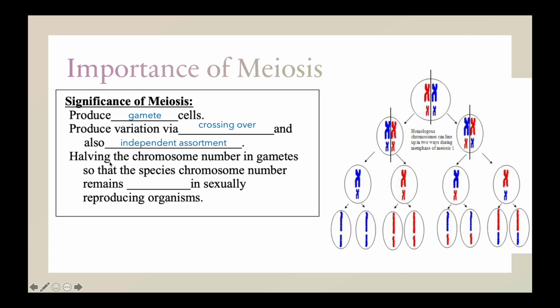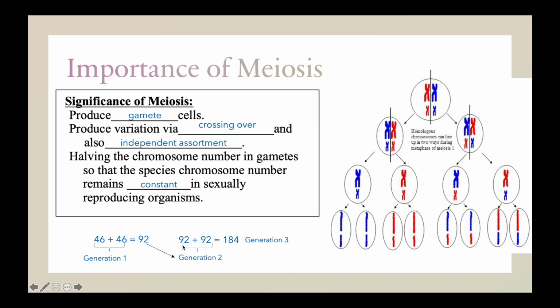Meiosis is also important in halving the chromosome number in gametes, so that the species chromosome number remains constant in sexually reproducing organisms. Can you imagine what would happen if we produced diploid gametes? Humans have 46 chromosomes, so if 2 individuals come together and both of their gametes are diploid, the next generation will have 92 chromosomes.